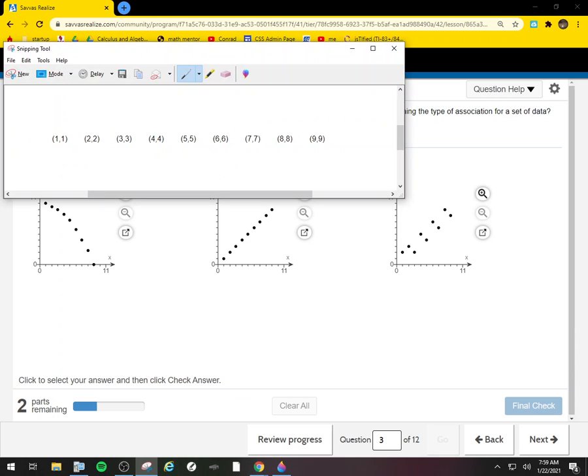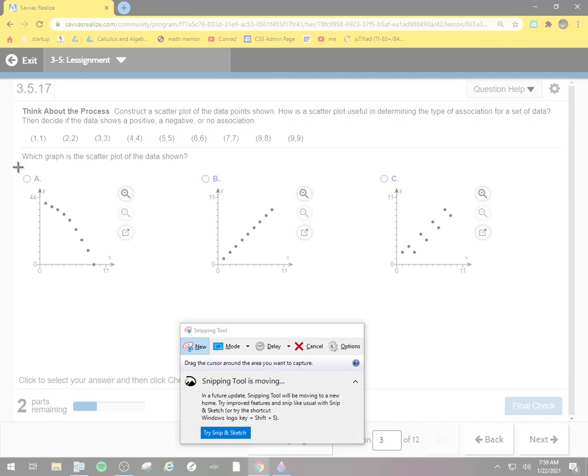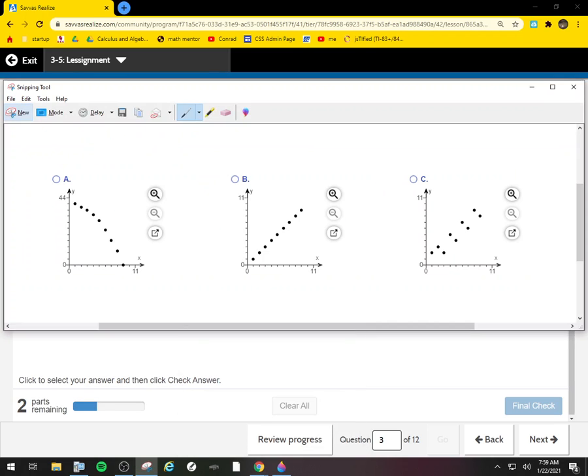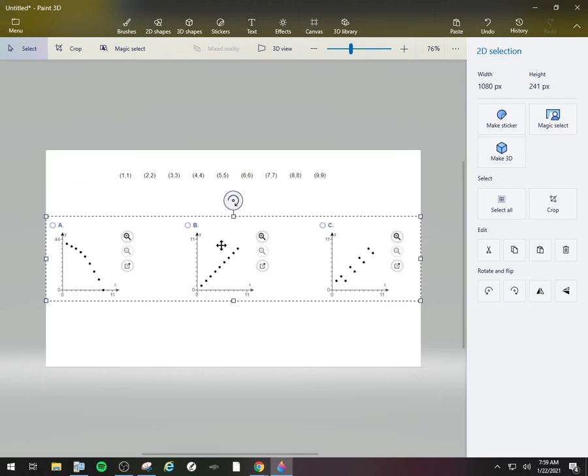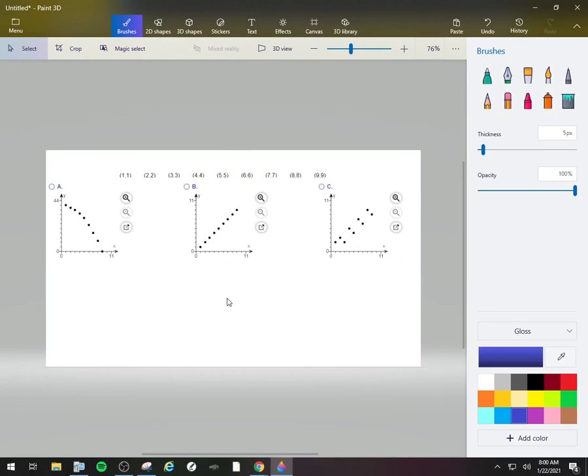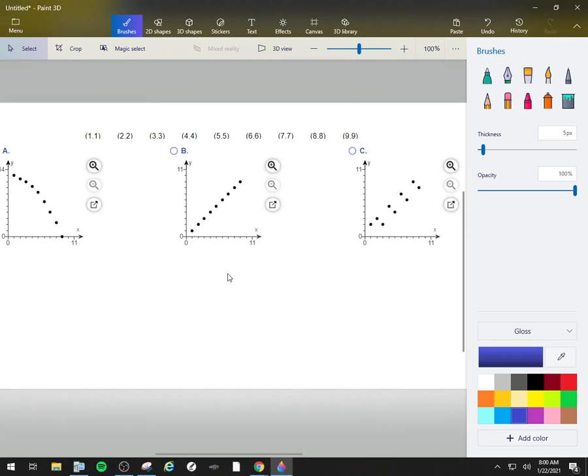Dots and plots. All right, boom, and then boom. I have to remember, if I don't click after I paste something, it goes away. Okay, so I'm trying to figure out which one of these plots fits my dots here.